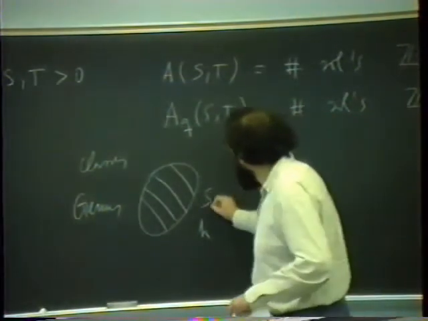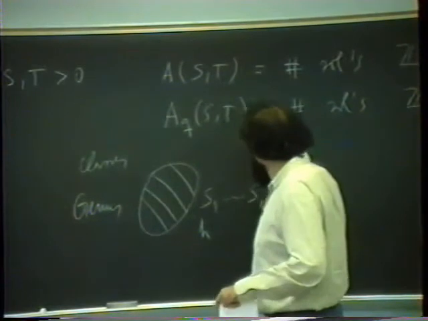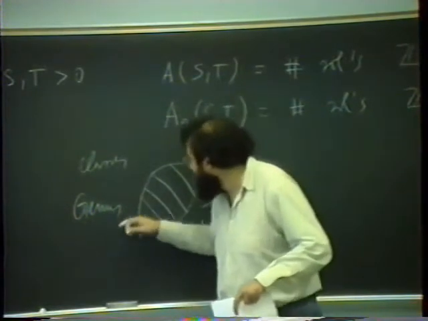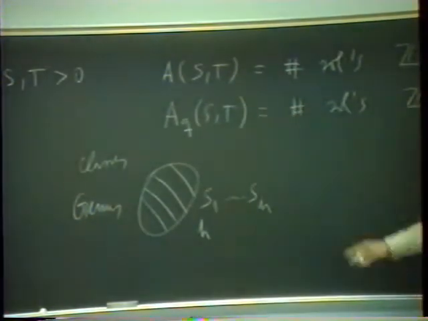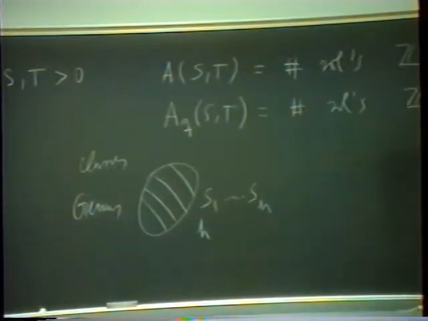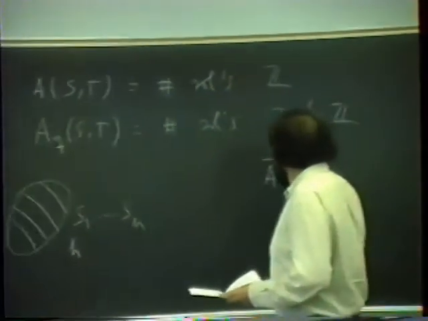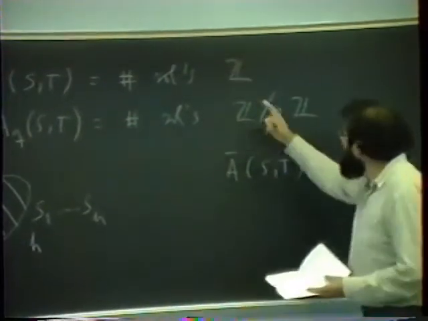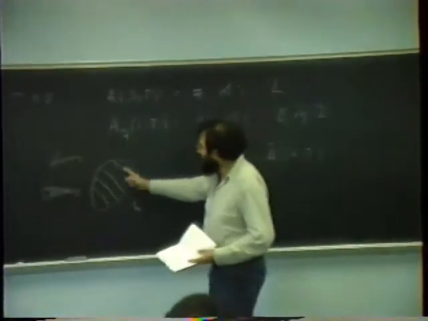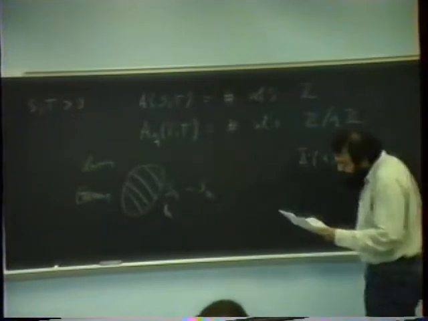So we may assume that we have some representatives given the genus of S for the different classes. Let's call them S1 to SH. So Siegel's idea now, and this is in a way going back to Eisenstein, is to consider some sort of mean of the number of solutions over the different classes in the genus.